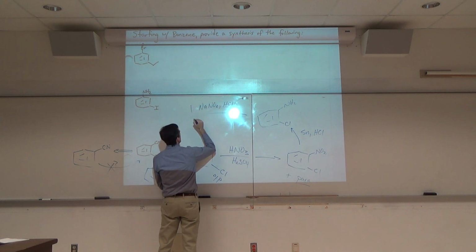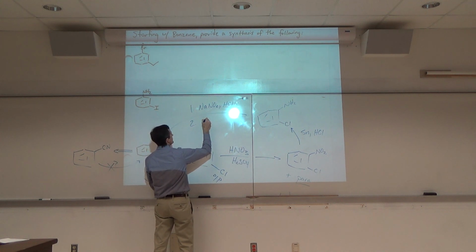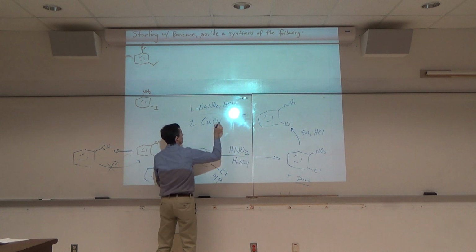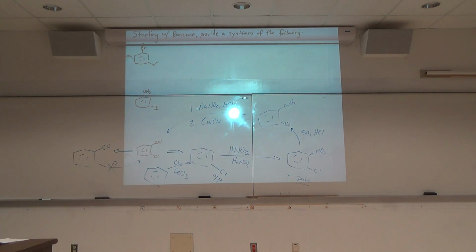I'll make the diazonium, and then when you get the diazonium, cuprous cyanide. It's two separate reactions. If you don't have the 1 and 2, you're not going to be good. You cannot mix nitrous acid with copper cyanide.